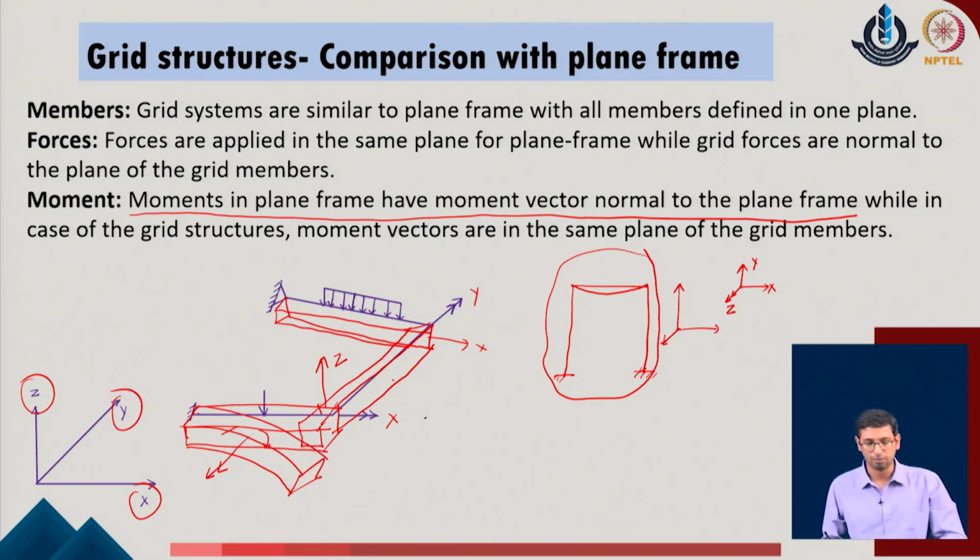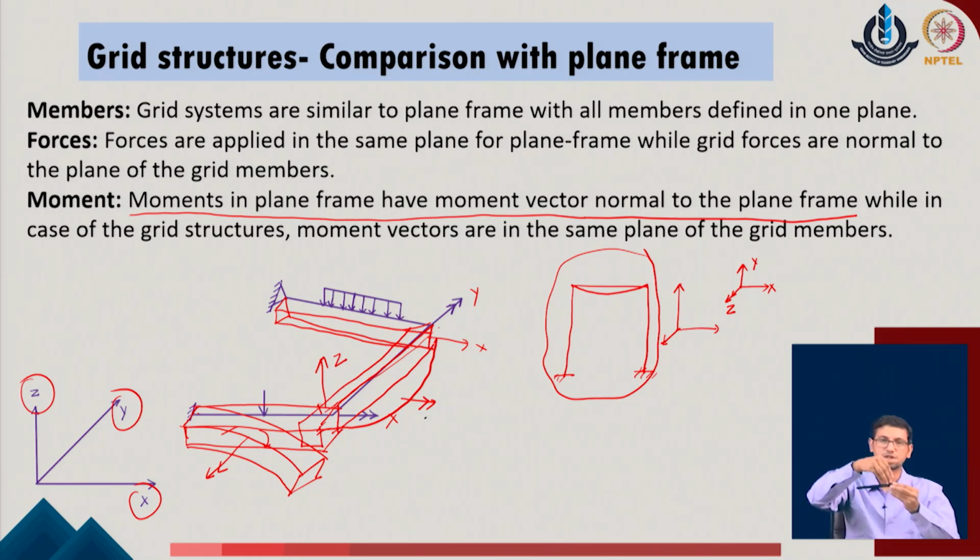Similarly, if this was the second member which was aligned along the direction y, if this will bend at any point, say it has a bending like this, this bending direction will be defined with respect to this moment vector, and that is the direction along the x. So, the moment vectors are in the same plane when we typically define the grid system. So, that is a very simplistic idea: if you have a grid as this member, it will bend of course with respect to the transverse load which is applied, but all the members of the grid are in the same plane.